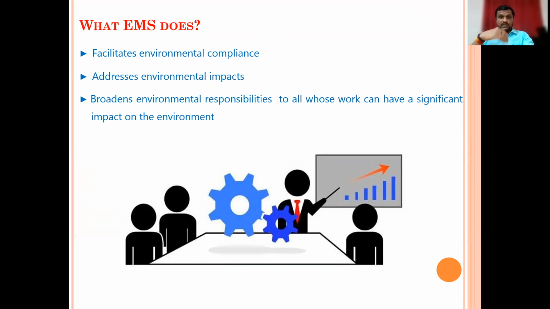And the EMS also helps to address different issues related to the environmental impacts on the local population, impacts of the degraded environmental quality on the human population. And it also broadens the responsibilities to work together that can have significant impact on the environment. So these are some of the basic functions of the EMS.